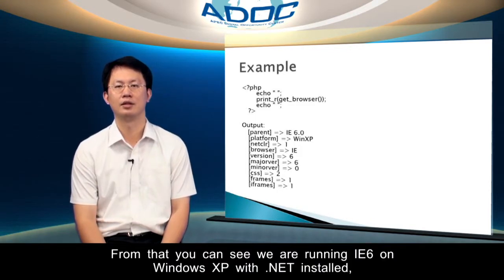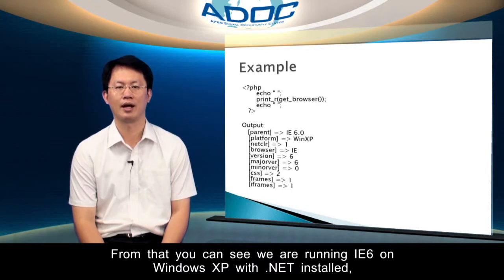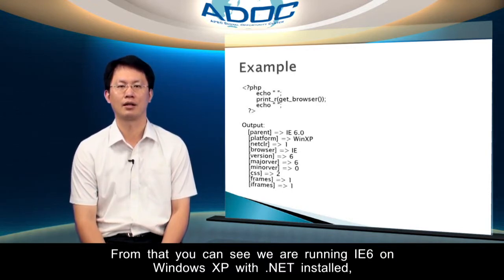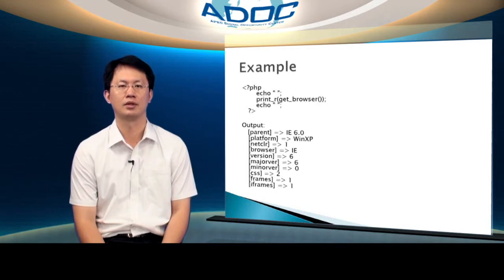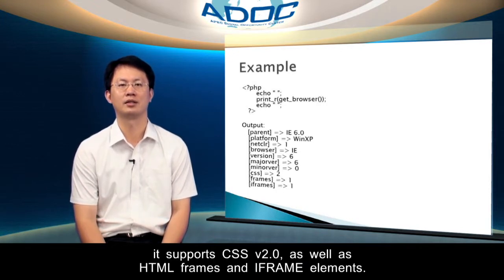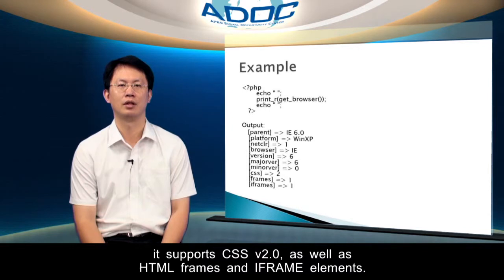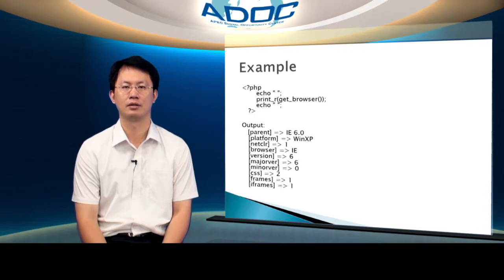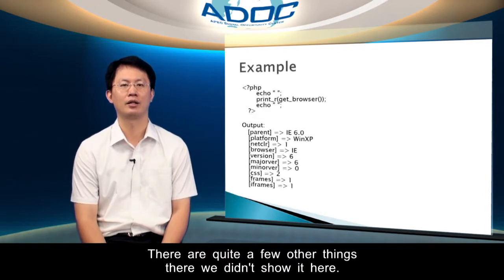From that, you can see we are running IE6 on Windows XP with .NET installed. It supports CSS version 2, as well as HTML frames and iframe elements. And there are quite a few other things there, which we did not show here.